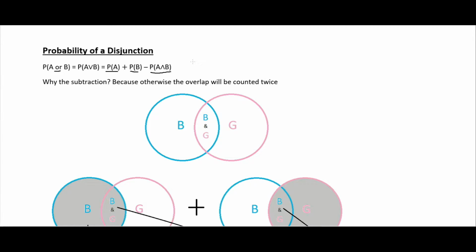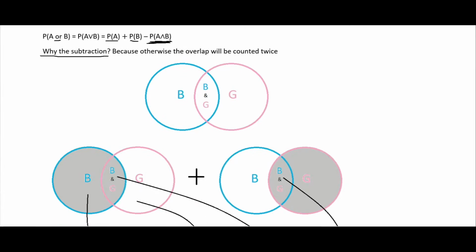First things first, a lot of people are confused by this subtraction. Why do we want to subtract this conjunction here? The reason is that we don't want to count the conjunction twice.